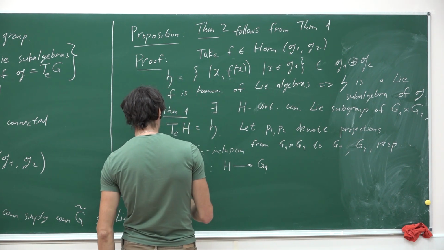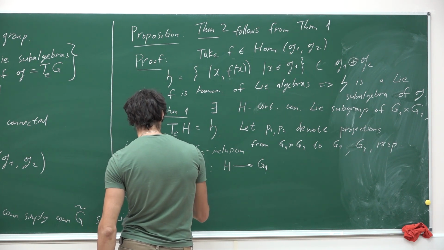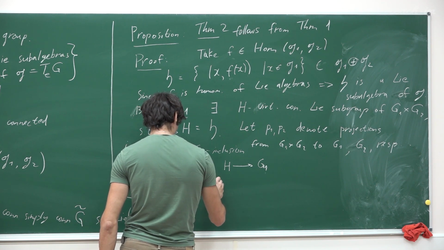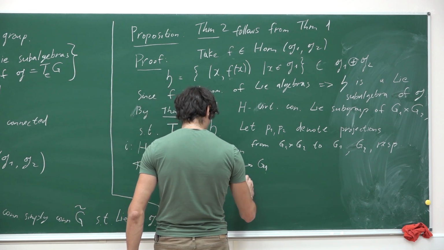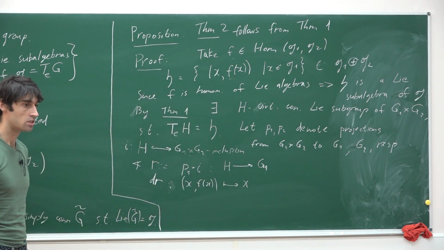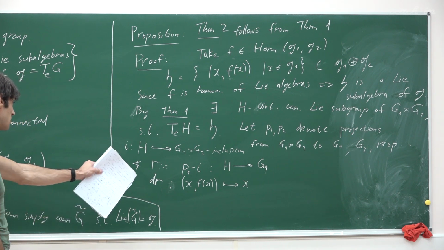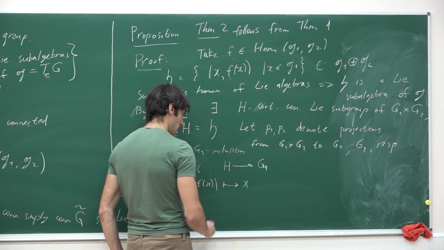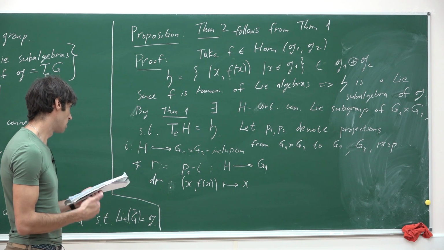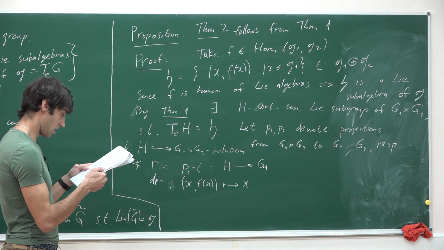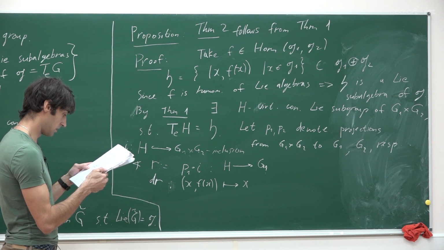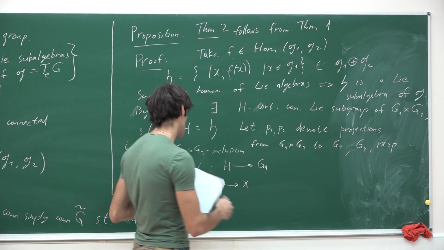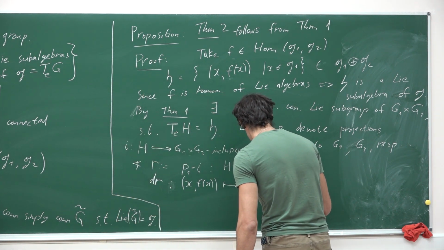So this map is just (x, f(x)) goes to x. So what we need from that is that dR is actually injective.